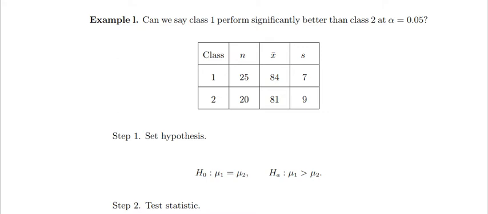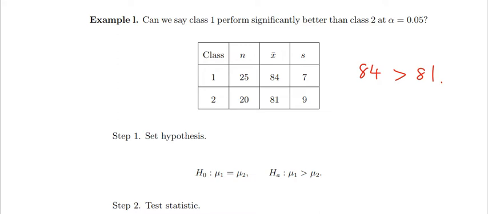So we have evidence that class 1 performed better than class 2 in this exam. Okay, so the question is, is this evidence statistically strong enough?